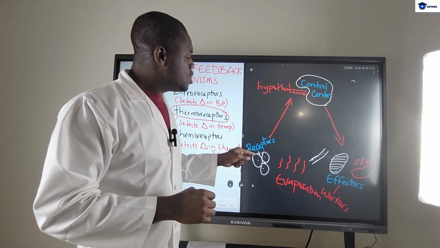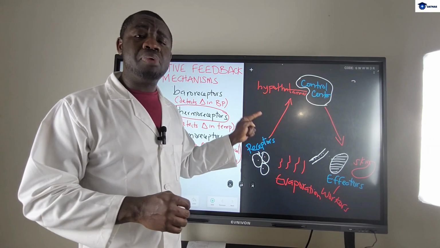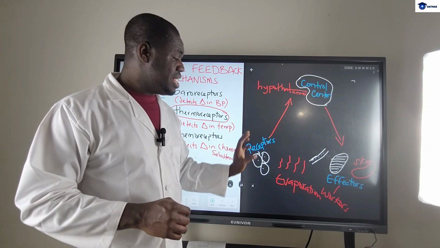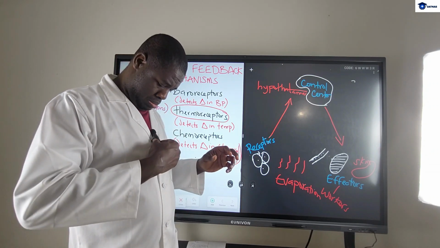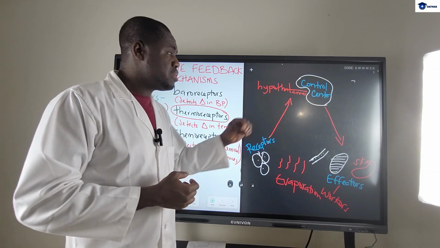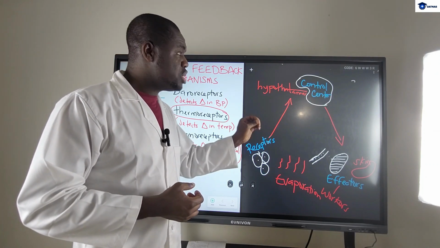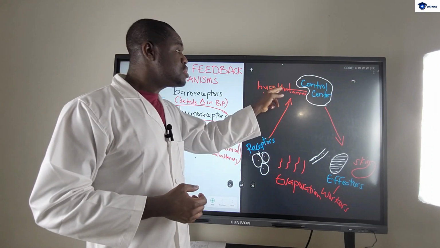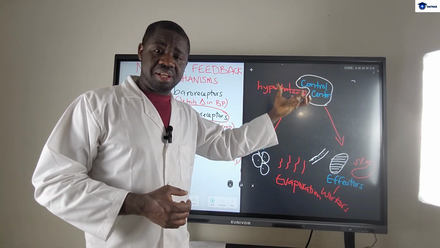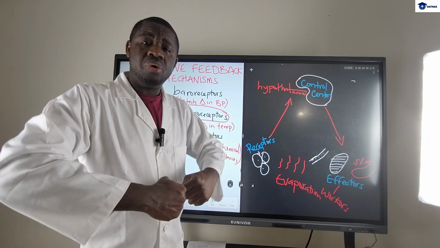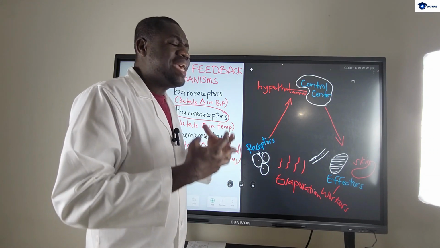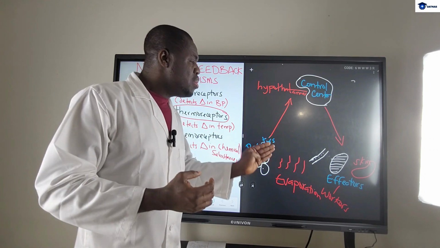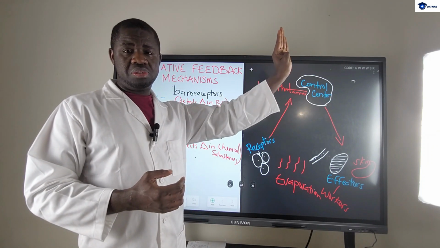The receptors will now send the impulse because they have detected the change. They will now send the signals, the message to the hypothalamus. The hypothalamus, which is the control center, the CEO, the boss, will now make a decision to raise the body temperature.